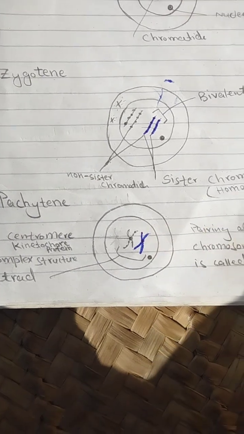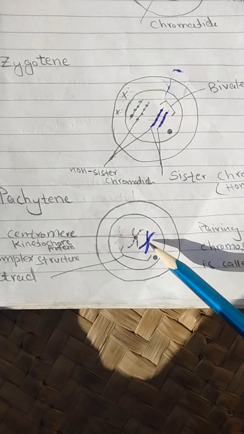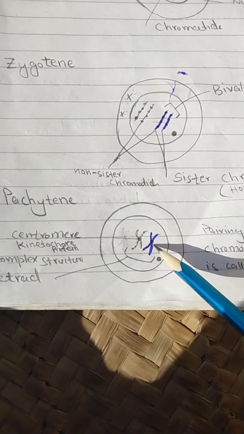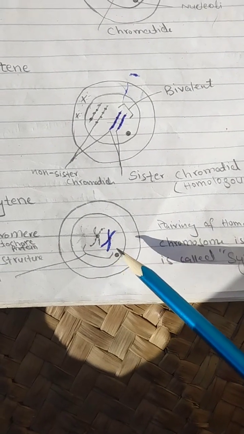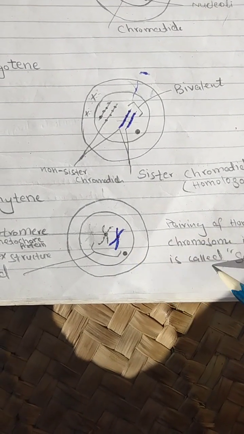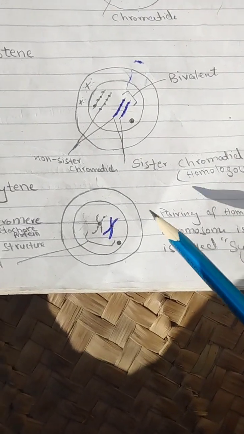These we call homologous chromosomes. Now these sister chromatids become homologous chromosomes, and the pairing is called synapsis. This process is called synapsis.